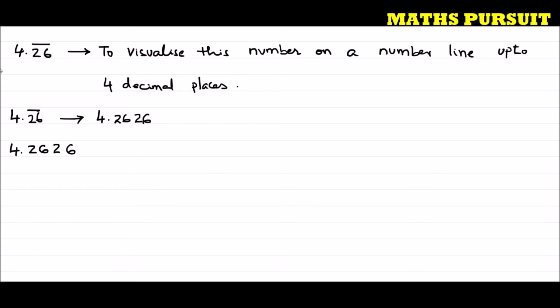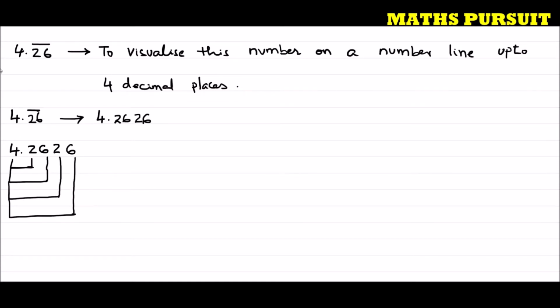First we are going to consider 4.2, and then we will consider 4.26, then 4.262, and finally 4.2626.